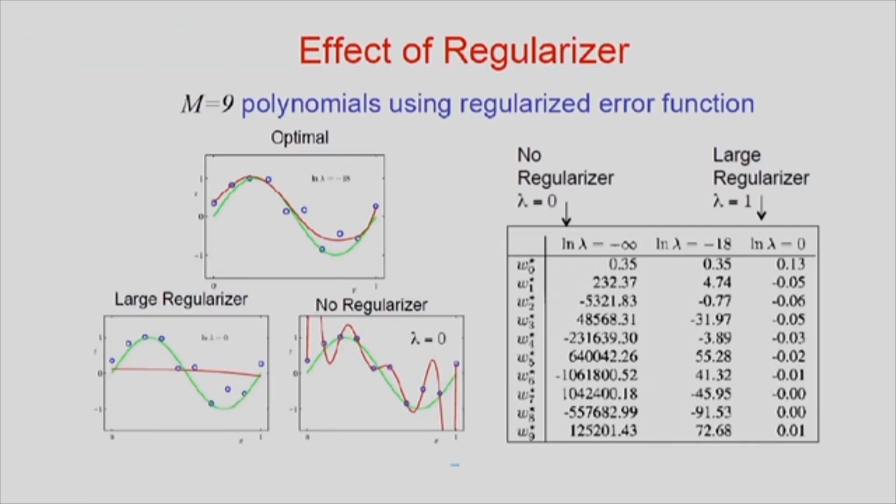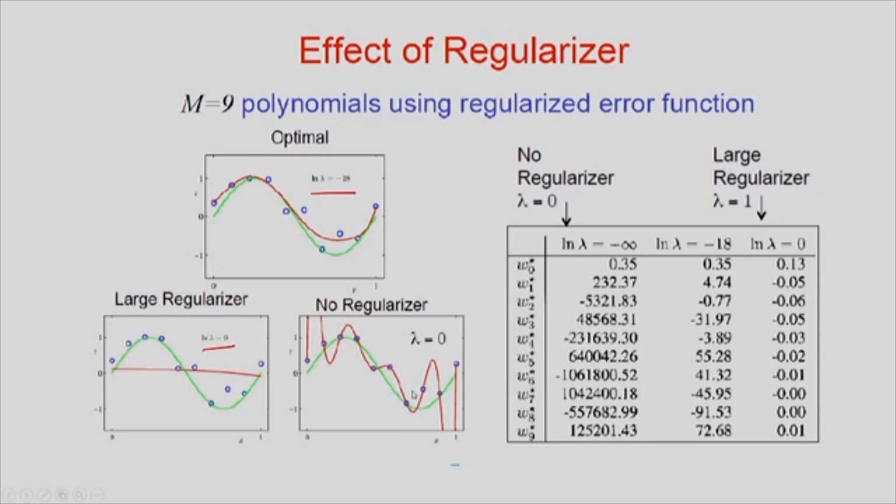So M is equal to 9 we are considering, that is a polynomial using the regularized error function. The order is M is equal to 9. So here we are considering log lambda. You can see ln λ equal to minus 18, and ln λ equal to 0, in which case lambda is equal to 0.